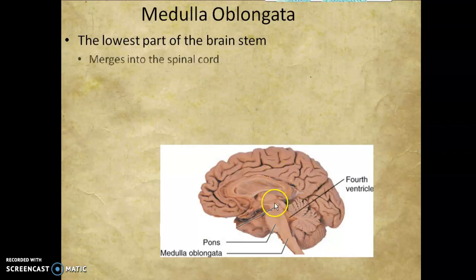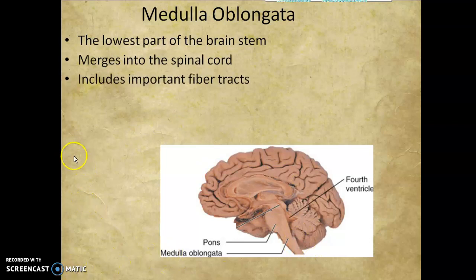And so, lowest part of the brainstem, it's going to be the part that actually merges into the spinal cord. Okay.